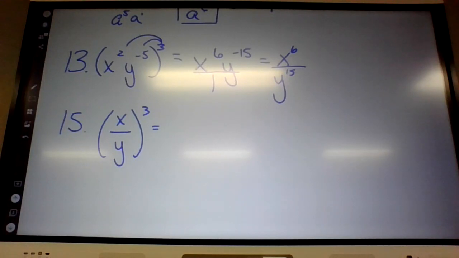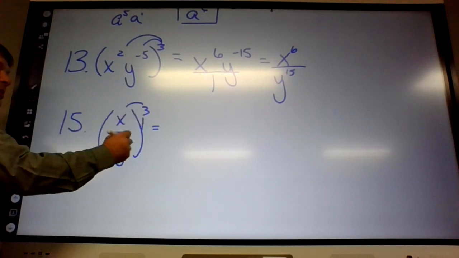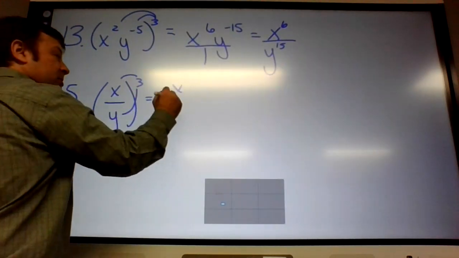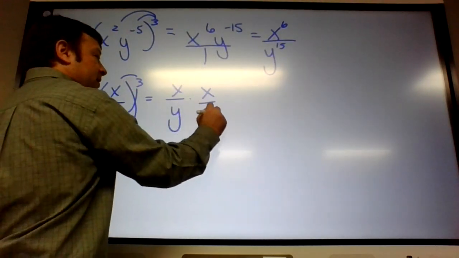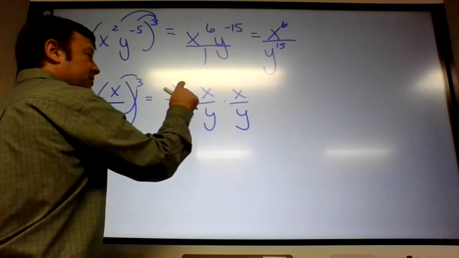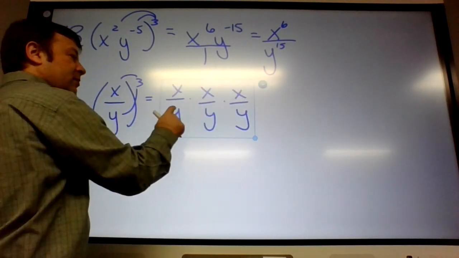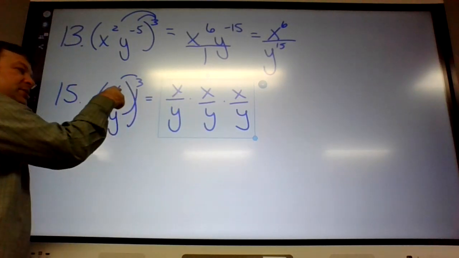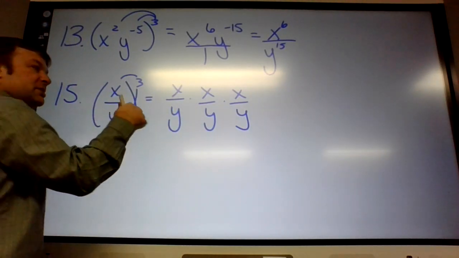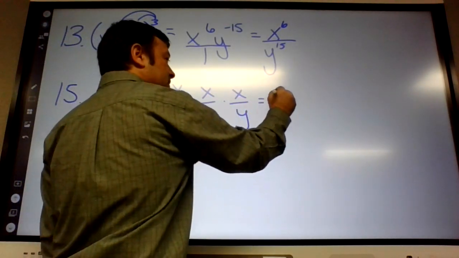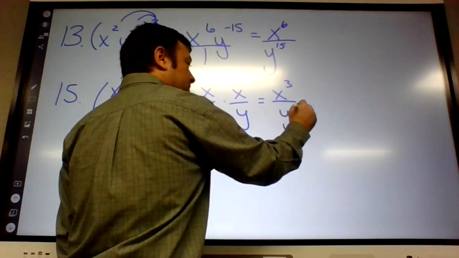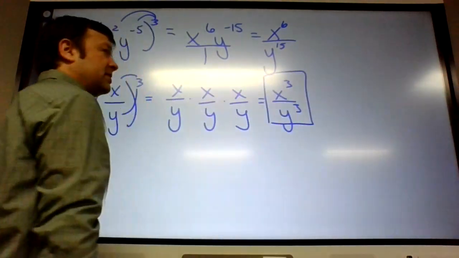Okay, what's x over y, cubed? Any ideas? Yeah, you can think of this as distribute. We're supposed to multiply 3 of these together, right? So it's really like x times x times x over y times y times y. So it's really like x cubed over y cubed. Yes. There's not really anything you can do about that.